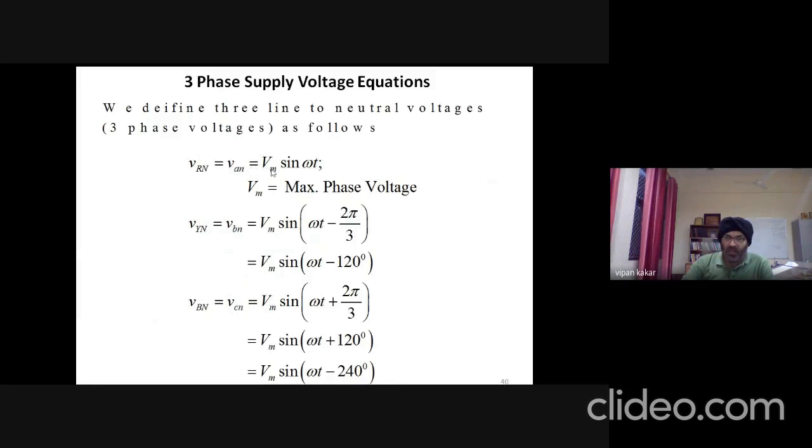This phase has a voltage of Vm sin omega t, where Vm is the peak. The next phase voltage, phase to neutral, is Vm sin(omega t minus 120 degrees), which is 2 pi by 3, so shifted by 120 degrees. The third one is shifted by minus 240 degrees, which comes out to be plus 120 degrees. You can even write minus 240 degrees.